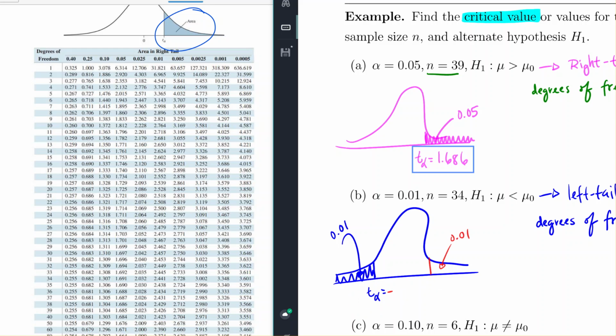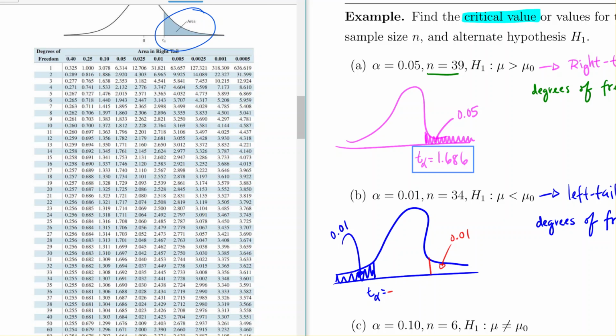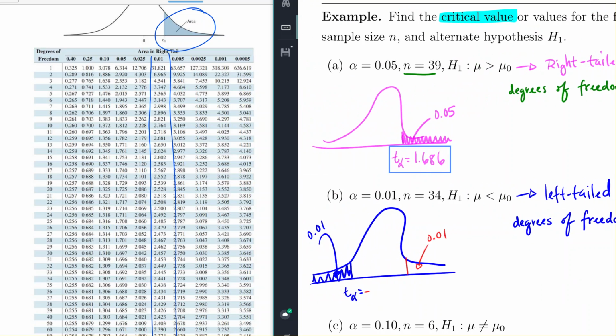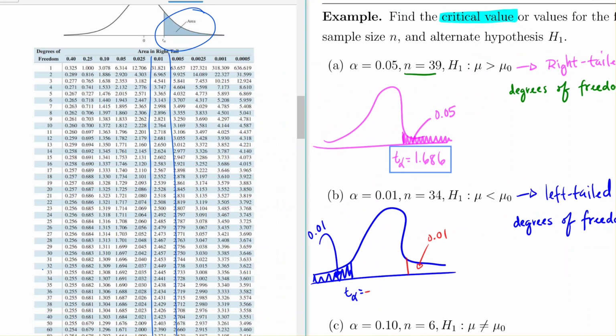So I could look and see what area to the right has a value of 0.01, and then just put a negative there to show that that's actually the value to the left. So I look at the 0.01 column. We have 33 degrees of freedom. And the value would be 2.445 if the area to the right was 0.01.